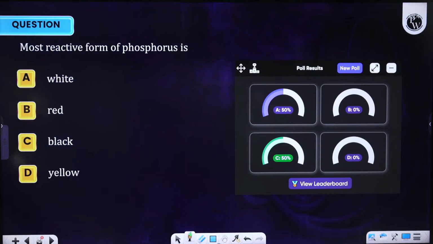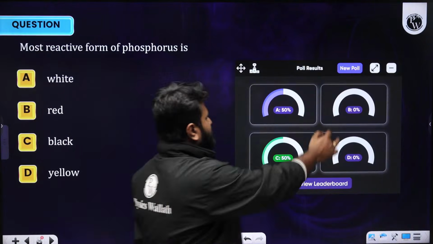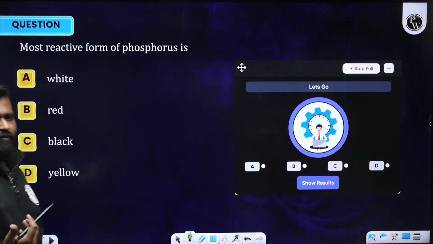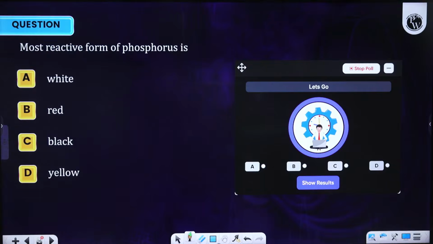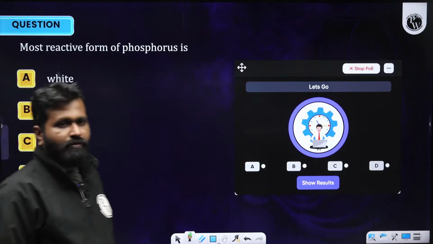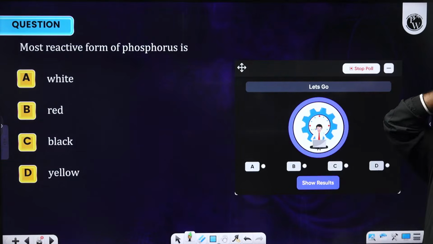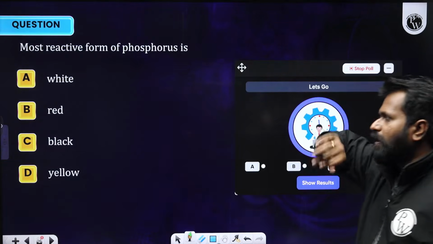Most reactive form of phosphorus. Which is the more reactive form of phosphorus: white, red, black, or yellow?